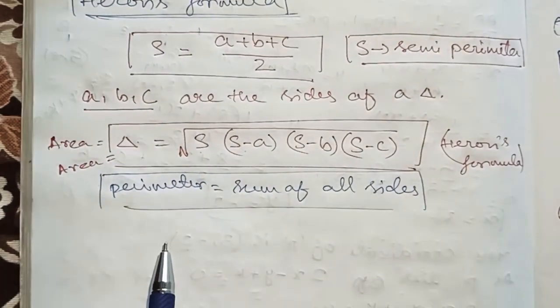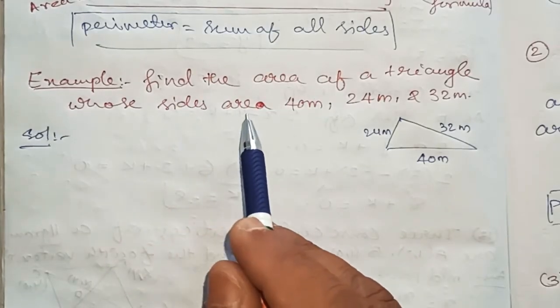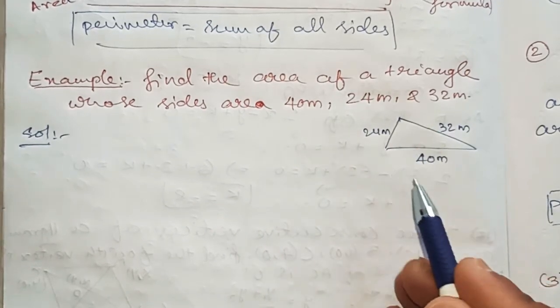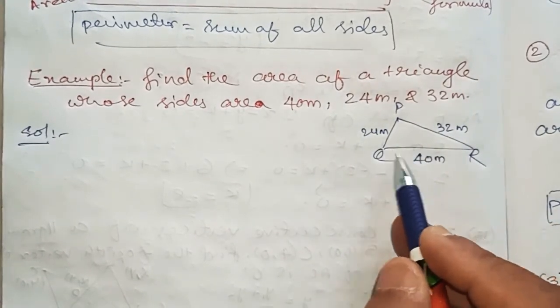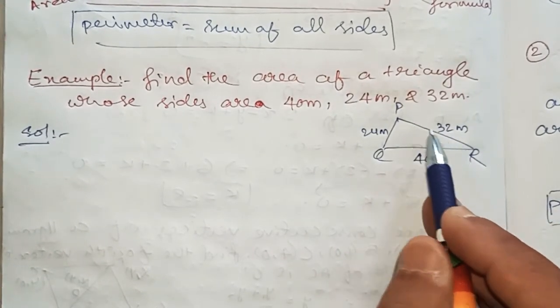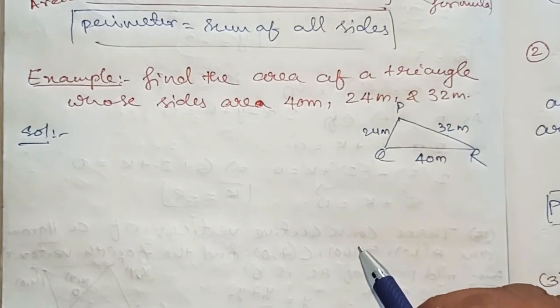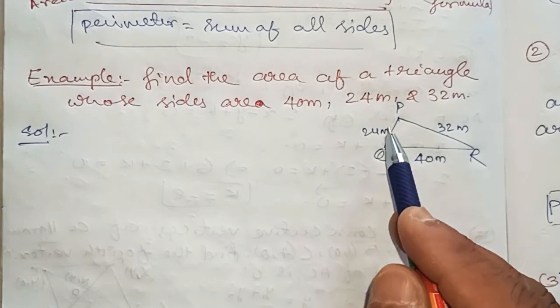I am giving you an example to understand the formula. Find the area of a triangle whose sides are 40 meter, 24 meter and 32 meter. So I have drawn a small triangle. Suppose PQR is the triangle and the longest side is 40 meter, little smaller one is 32 and the smaller one is 24 meter. So I have just represented the sides on the triangle.